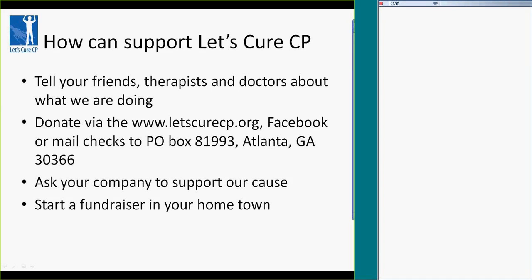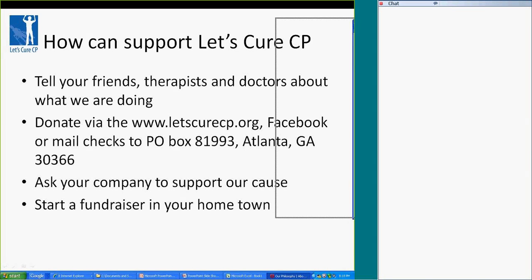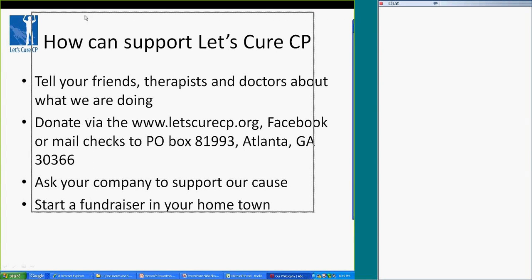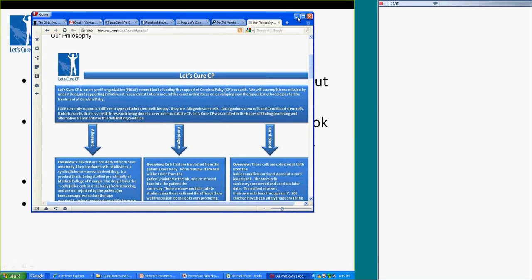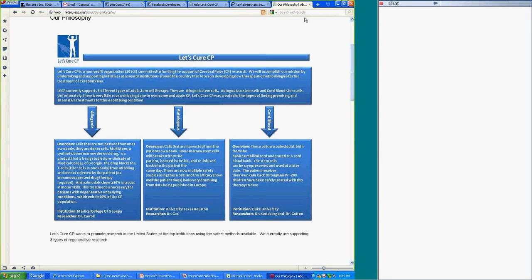Does anybody have any questions so far? I just joined the meeting a few minutes ago, and I'm not really up to speed on what you have already covered, but I may not be able to stay the whole time. What exactly have you guys covered already? Well, we just basically introduced Let's Cure CP as an organization, and covered, real quickly, our philosophy page.